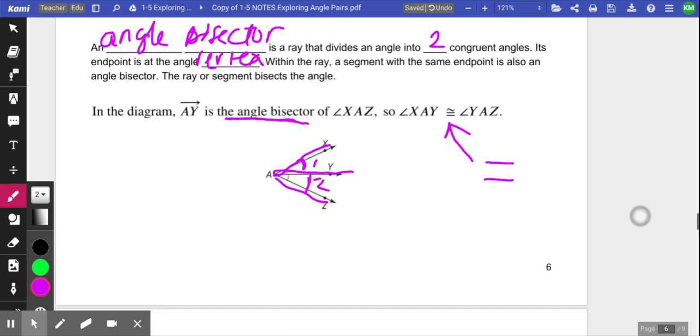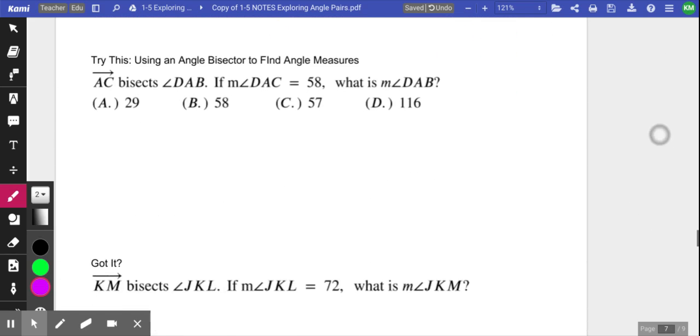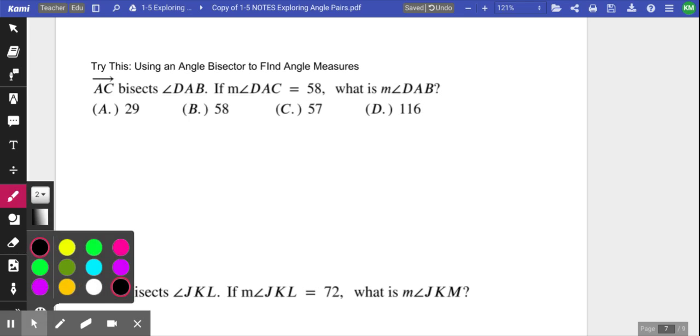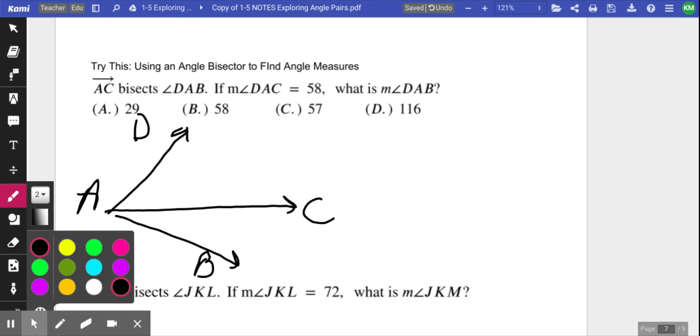So similarly, now if we're going to create a little equation to go with this, take a look at what we have here. It says AC bisects angle DAB. So we have DAB, AC cuts through it. If DAC is 58, they want to know what's the measure of angle DAB.